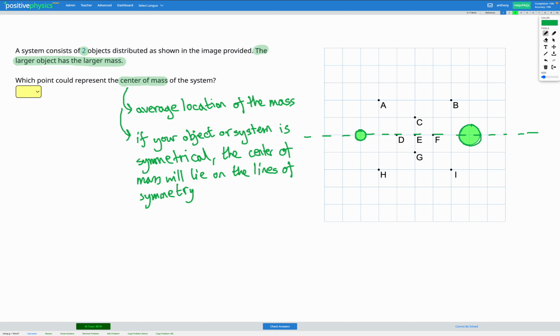Now, if these objects had the same mass, we would also have a line of symmetry here, and our center of mass would be point E. However, because the right-hand mass is bigger than the left-hand mass, the center of mass is actually going to be shifted to the right, which means a point to the right of point E, but still along that first line of symmetry, has to be our center of mass, which means point F is going to be our best guess for our center of mass.